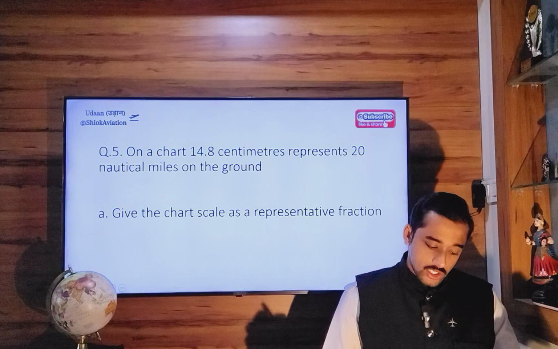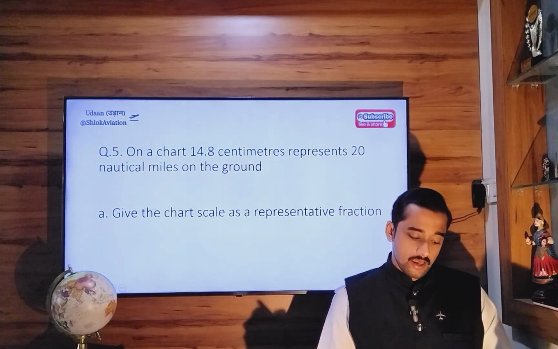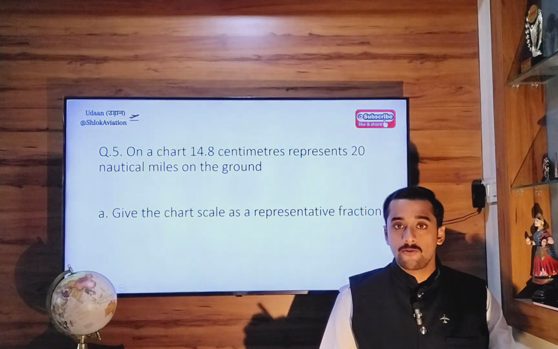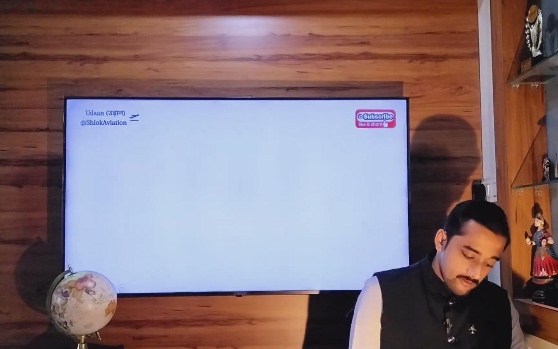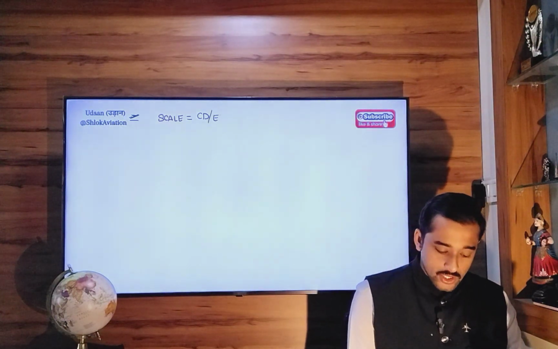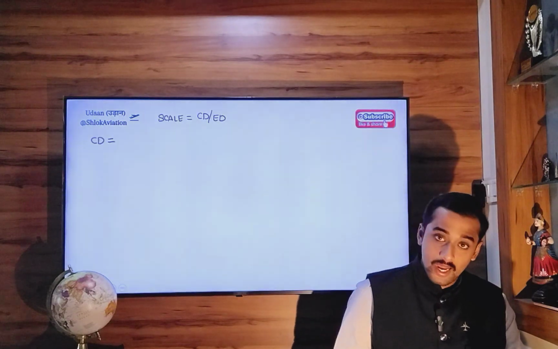Question 5. On a chart where 14.8 centimeters is equal to 20 nautical miles on the ground, give the chart scale as a representative fraction. Now chart scale will be equal to chart distance upon earth distance, right? So chart distance is 14.8 centimeter.